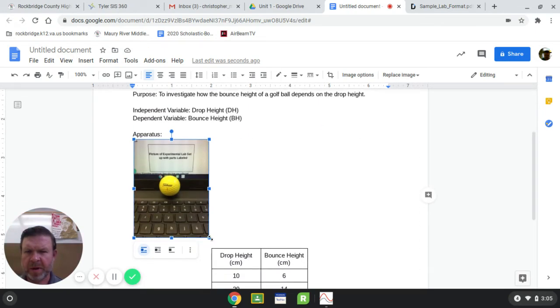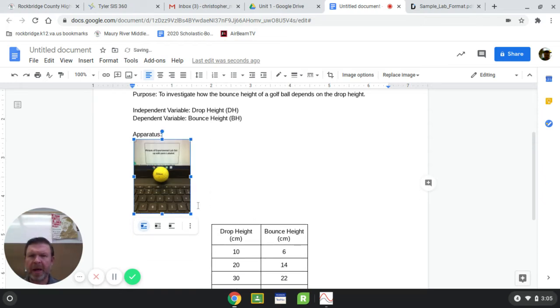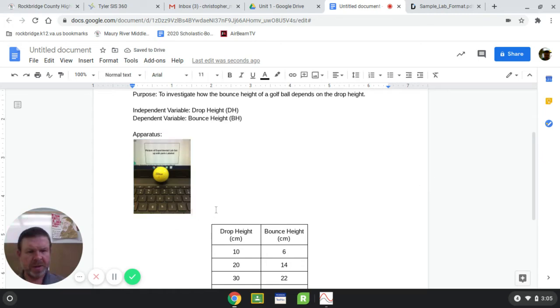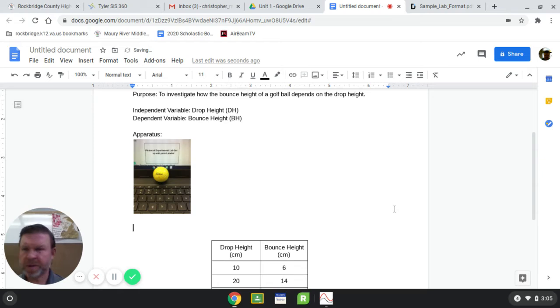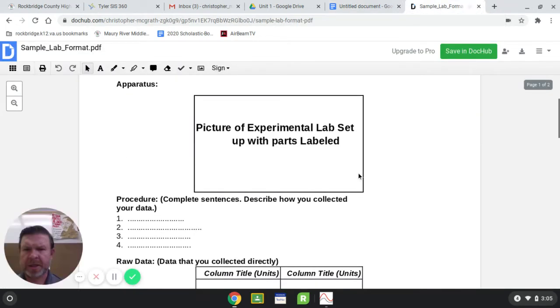If this was a real lab, again, I would want to make sure that in the picture I had all the stuff that I used. And if you're wondering, well, what stuff am I ever going to use, Mr. McGrath? Because I don't have a physics lab at my house. I'll let you know what you need to do there. So no worries. And if need be, I'll send you a picture that you can use. Okay, so there's my apparatus.